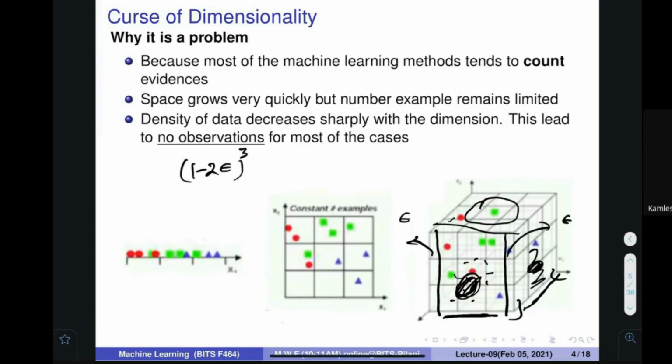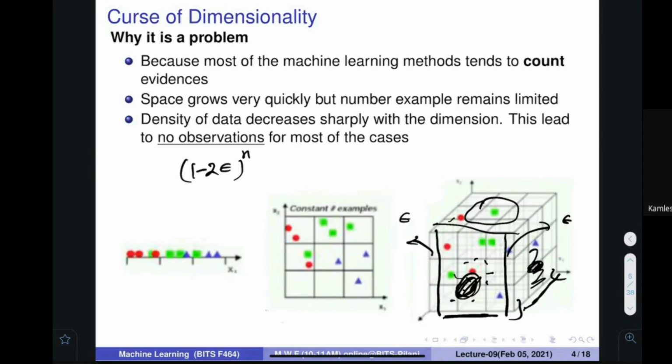A lot of space is there. The probability is going to be this to the power 3. If it is n-dimensional data, then it is going to be to the power n. This is the probability that a randomly picked data item is in the interior. Any problem?